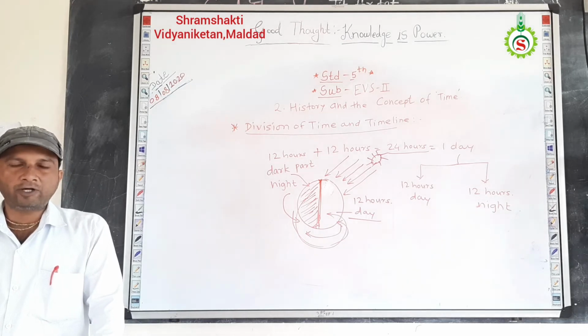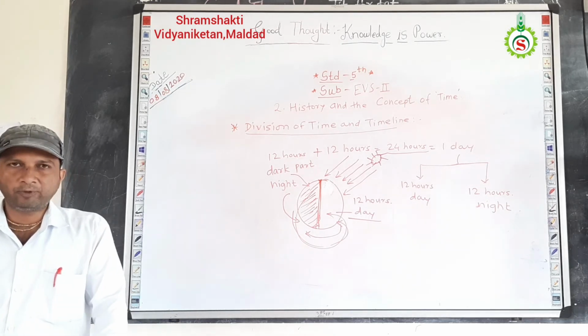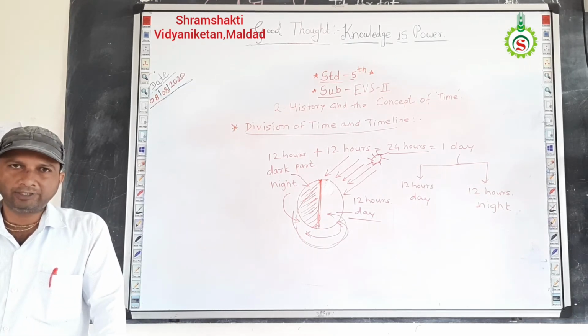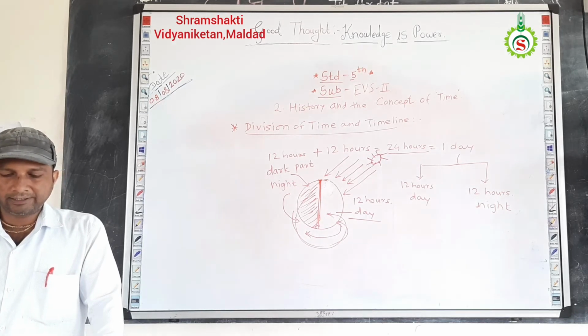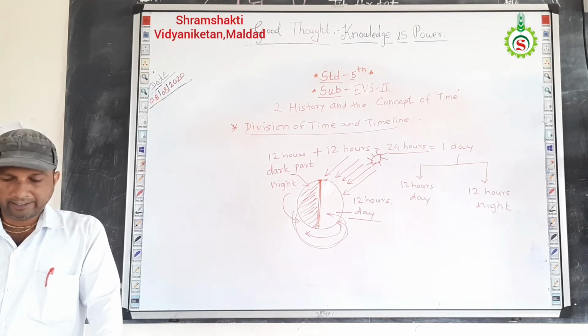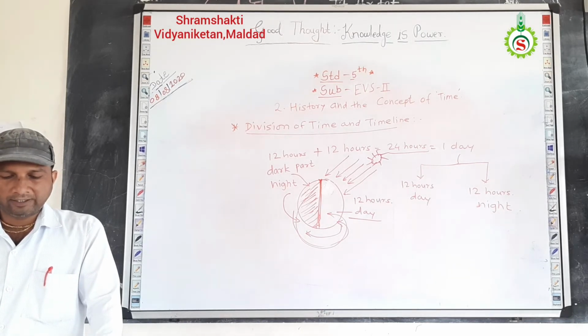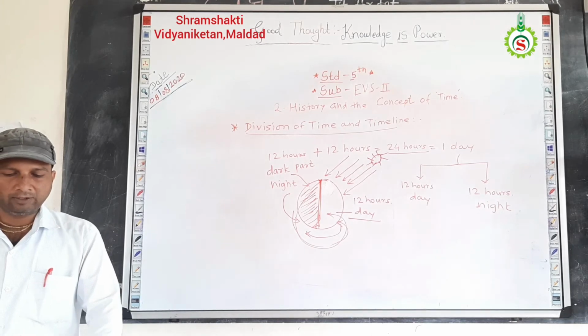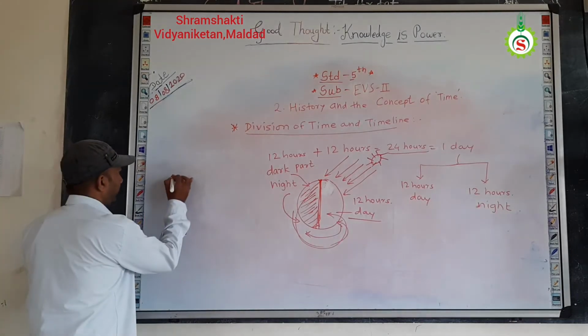Now for the measurement of time in the prehistoric period or during past events, it is considered as common era, or the time before the common or Christian era. So from that, first we are going to learn what is meant by common era.